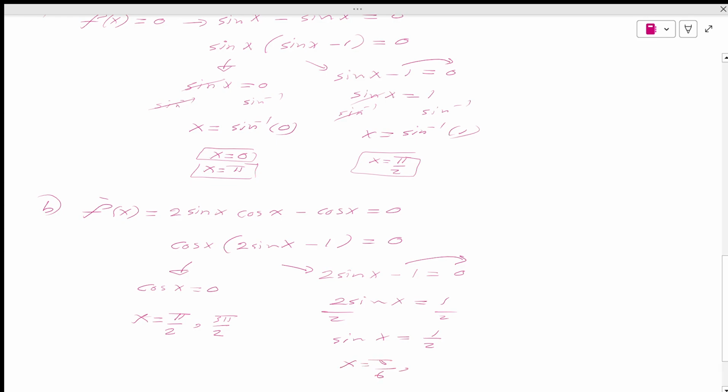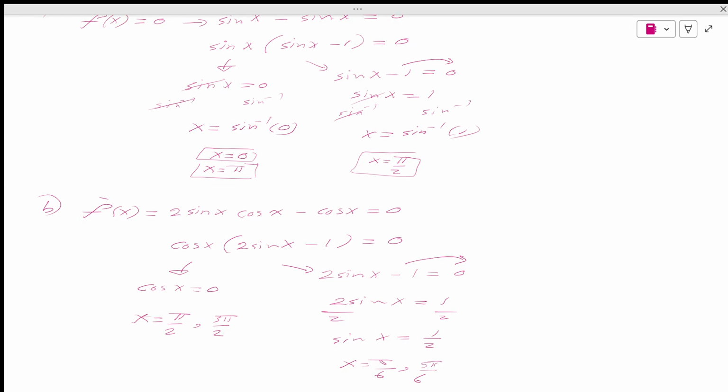But also sine is positive in the second quadrant. In the second quadrant, we say 180 minus 30 degrees, which is going to be 150 degrees. In radians form, it is 5 pi over 6. All of these values belong to the given interval from 0 to 3 pi over 2.